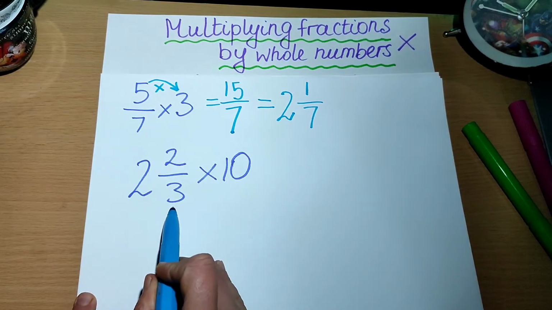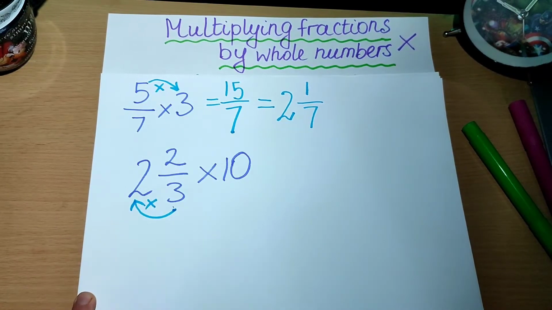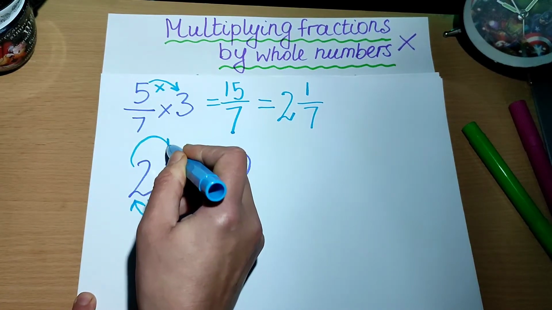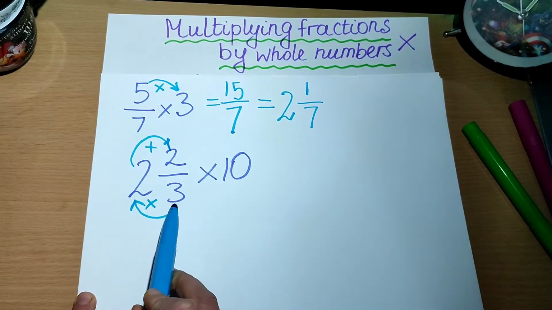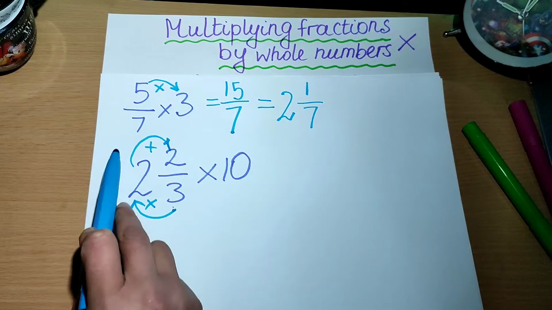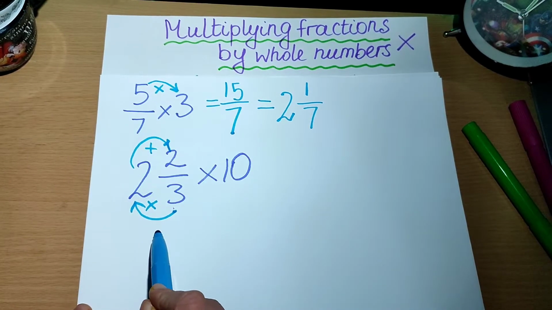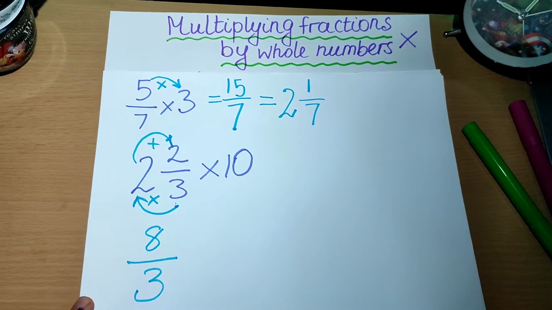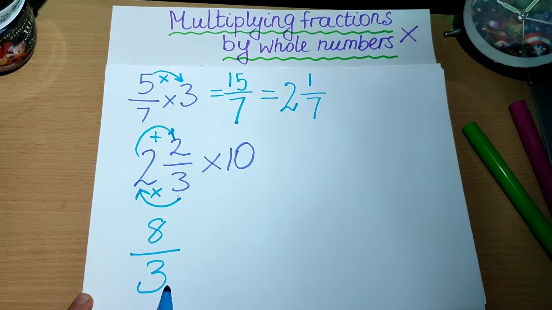We start with our bottom number, we times it by the whole number, and then whatever we get, we add the numerator on top of it. So 3 times 2, which is 6, and we're adding 2 onto it, which is 8. So now we've got 8/3. 2 and 2/3 is the same as 8/3.